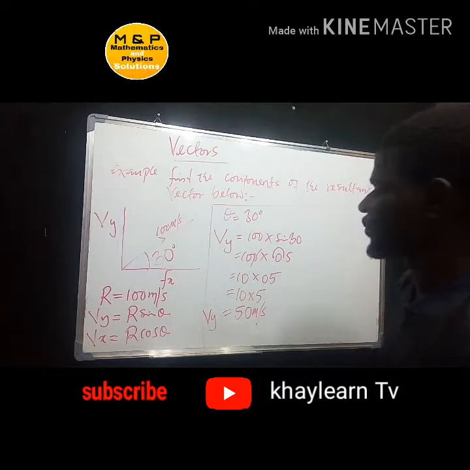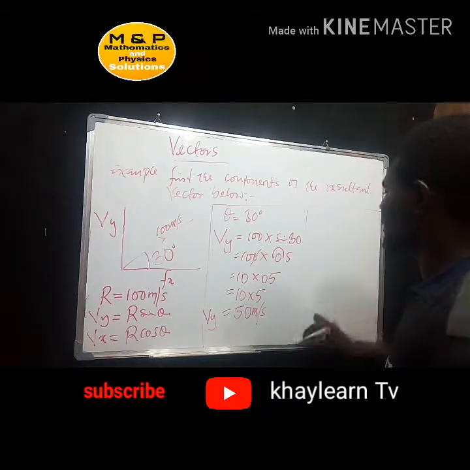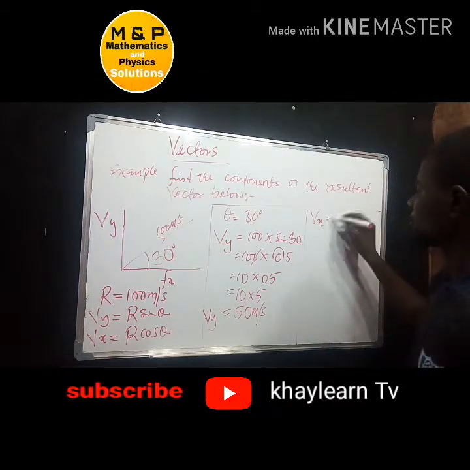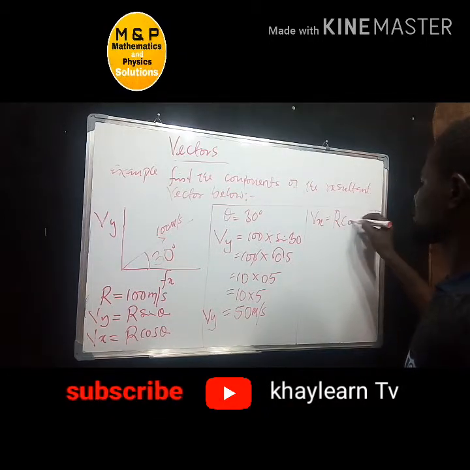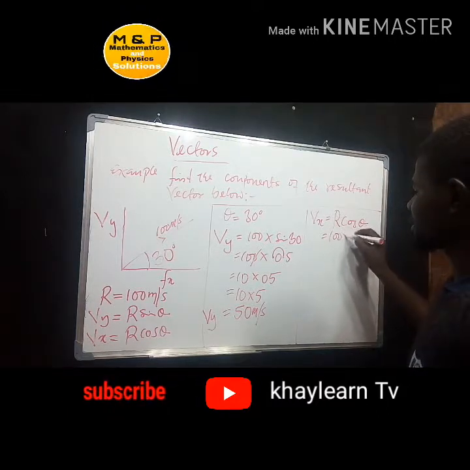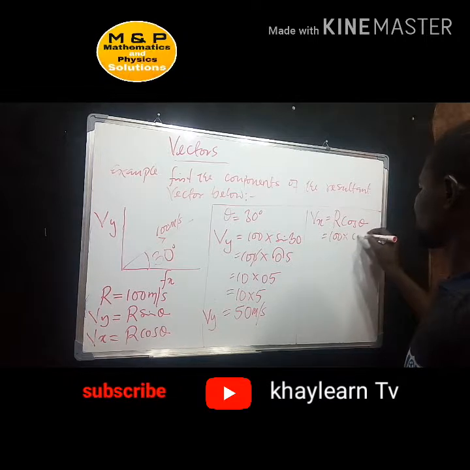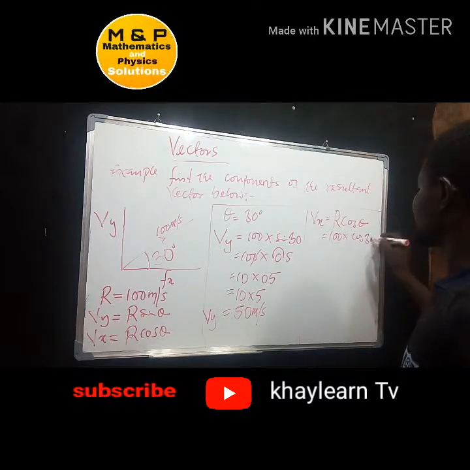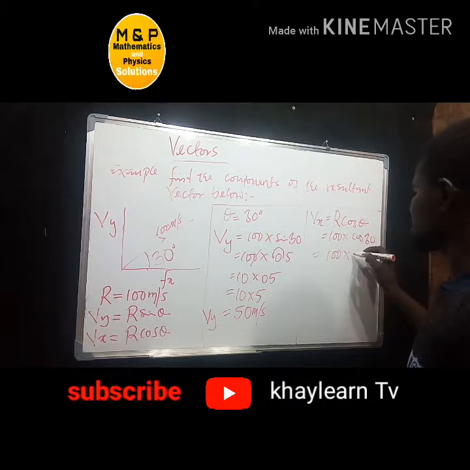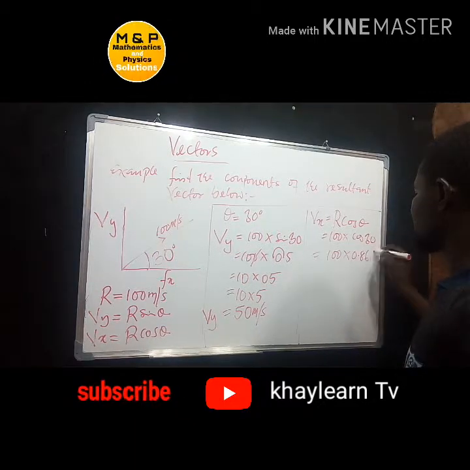Now next is the horizontal component, which is Vx. That is Vx as the horizontal component will be R cos theta. So what we have is 100 times cos 30. Now, 100 times cos 30 is 100 times 0.866.